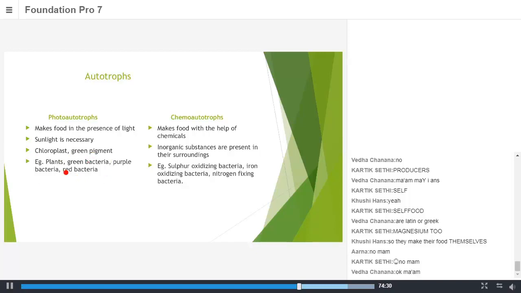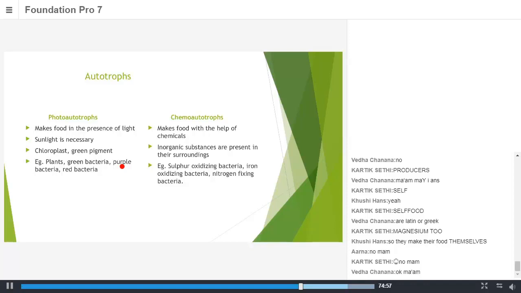Ma'am, bacteria can be of any color? Ma'am, like yellow bacteria? No. It cannot be yellow bacteria. That's what, Karthik, if you remember in the beginning, a few slides back, I was trying to clarify that there are certain colors which are very dominant colors, like purple, red, blue. These are dominant colors which hide the green color.